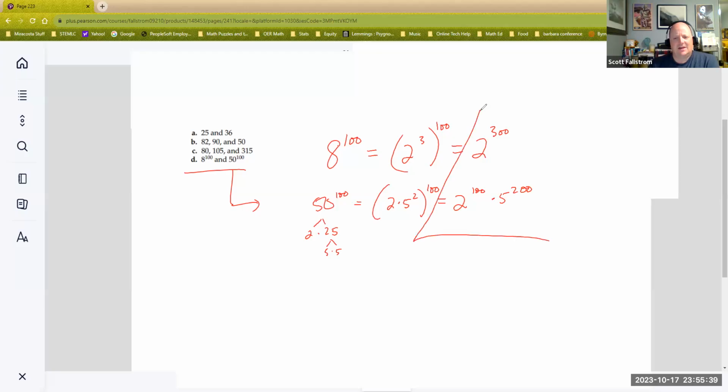And then do exactly what we did in class with prime factorizations. If you want the LCM of 8 to the 100 and 50 to the 100, well, then you would want to use the larger of the exponents to make it happen. If you want the GCD, you would choose the smaller of the exponents. So totally legitimate approach there.